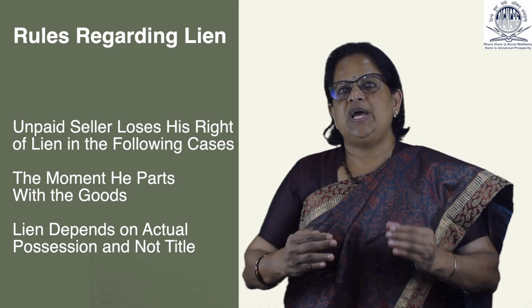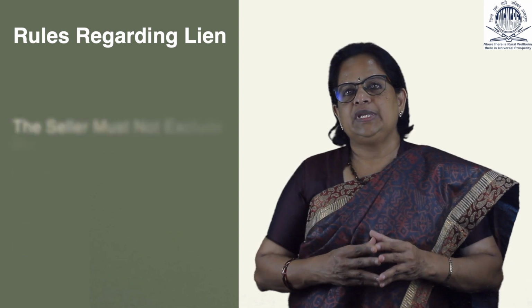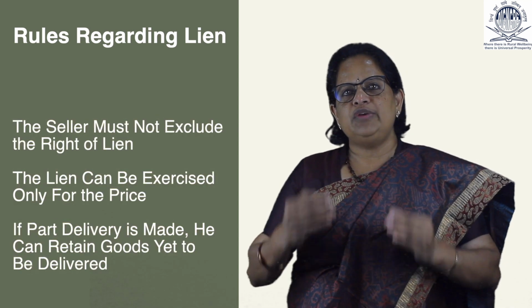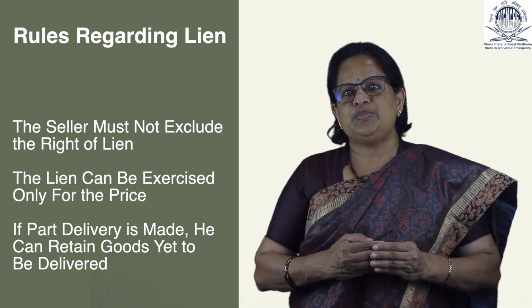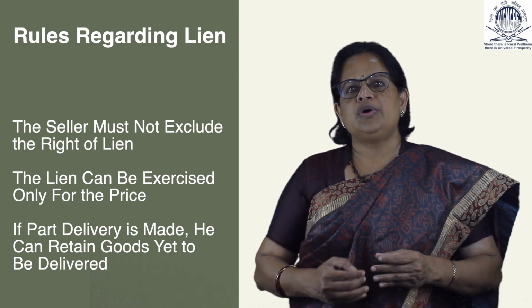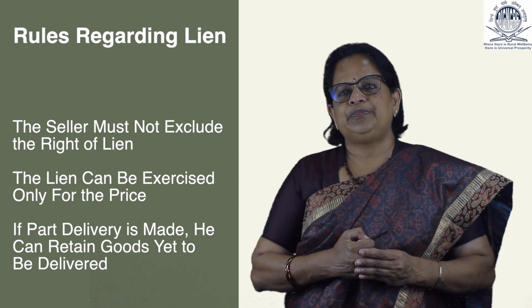Secondly, lien is with the actual possession of the goods and not with the title of goods. Thirdly, the right is only for recovering the price of goods and not for meeting the additional expenses of keeping the stock in seller's possession till the payment is collected.